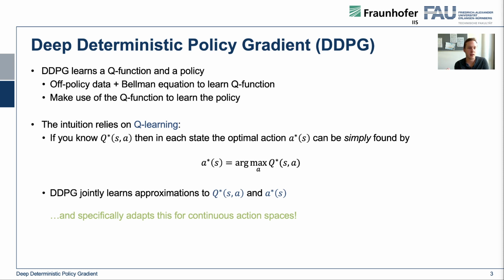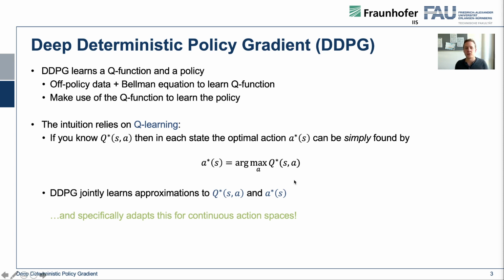The basic intuition behind DDPG relies on the idea of Q-learning. If we know the ideal Q function, then in each state the optimal action that we can take is simply found by taking the argmax of our Q function. This is the idea we also use in DDPG, and this is the general Q-learning idea.